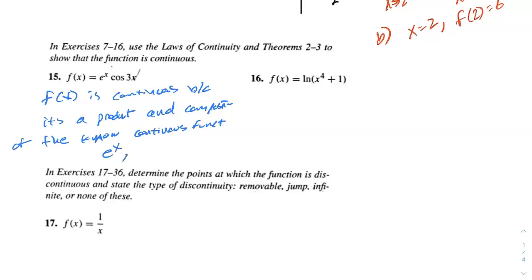We know e to the x is continuous. The 3x, right? The function inside there, and then cosine x. So that's why we know this function is continuous.